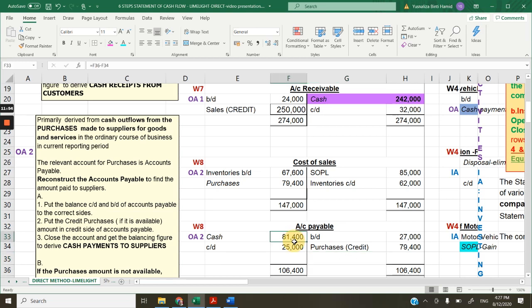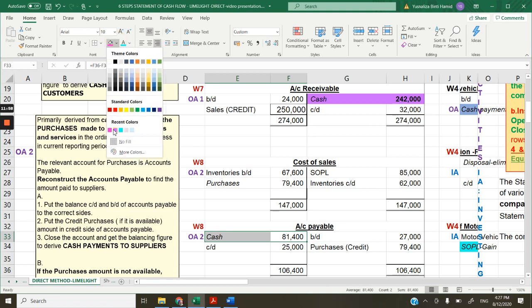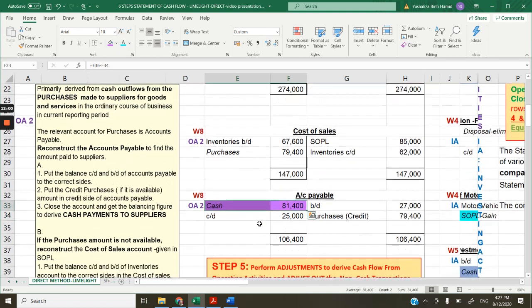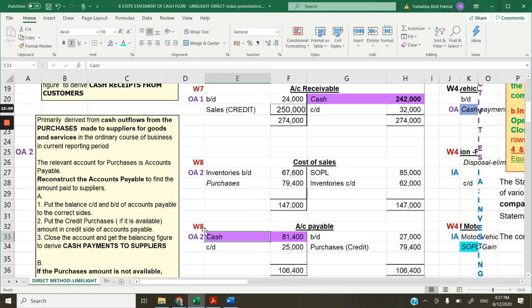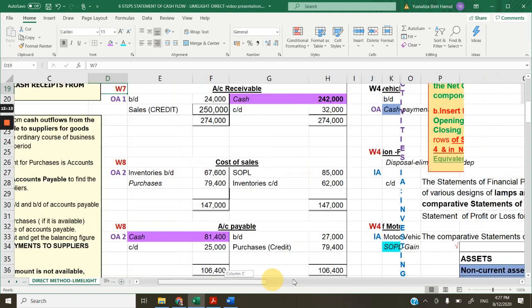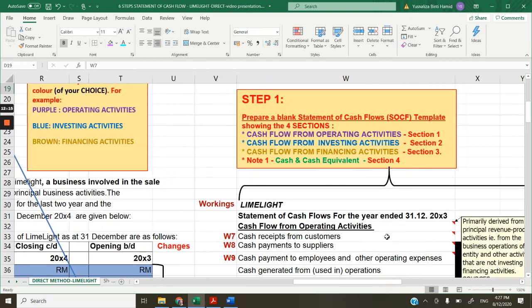So your balancing figure here will be what you are looking for, which is your cash payments to the supplier. That was what I denote as working 8, and this is working 7 for the accounts receivable. So this figure must be transferred to the statement of cash flow.